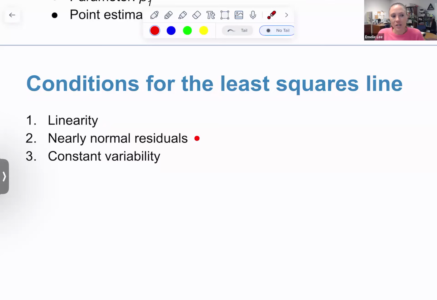The second condition is that the residuals, so notice how we're able to calculate the residuals for each data point, which means that now I have a sample of residuals and I can make a histogram of that, and it should be nearly normal, centered on 0. It doesn't say that, but nearly normal residuals. I'll add it. Centered on 0.